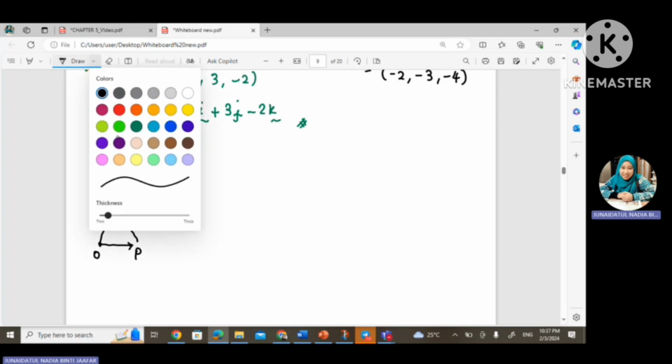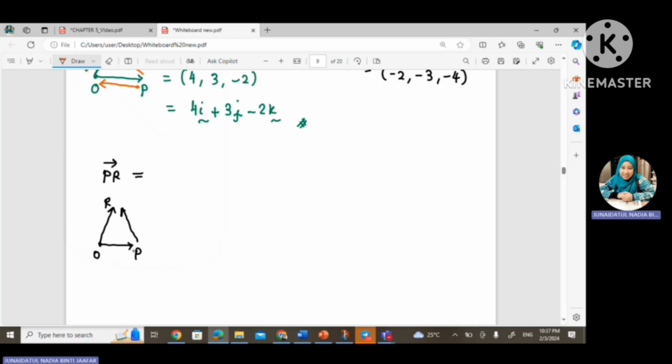The long way of vector PR starts from point P to O, so PO, and then plus OR. It starts from P and ends at point R. Here we can see that vector PO is in the opposite direction of OP, so we must put the negative sign in front of vector OP.